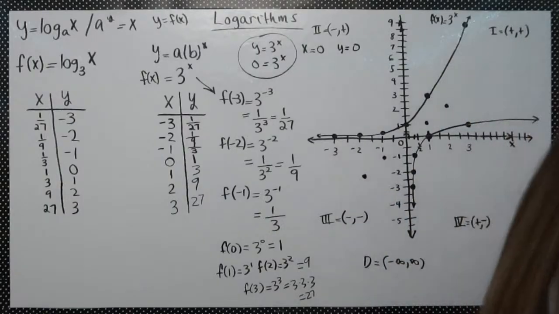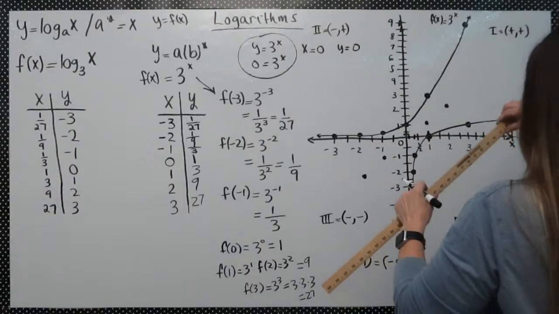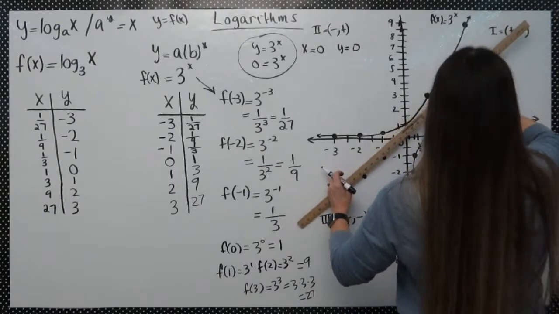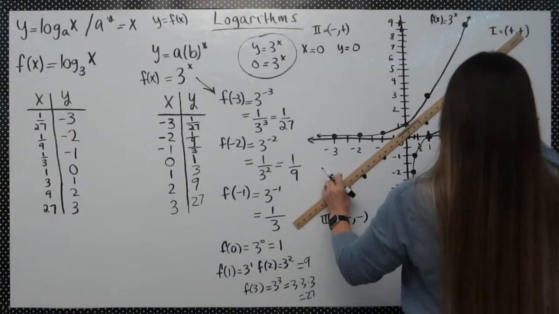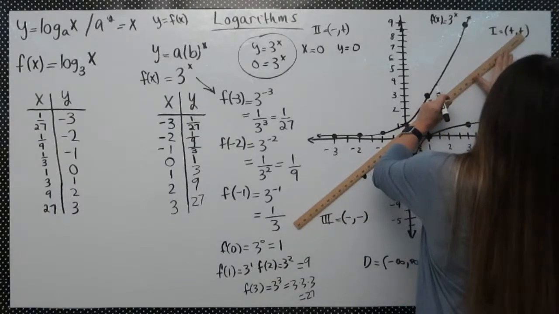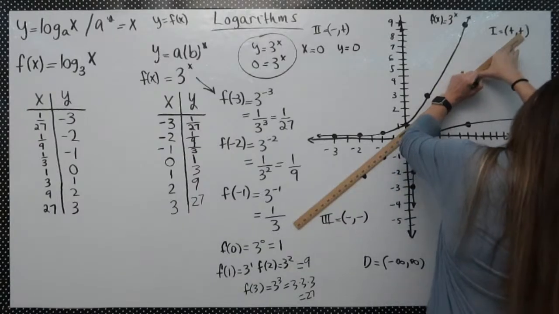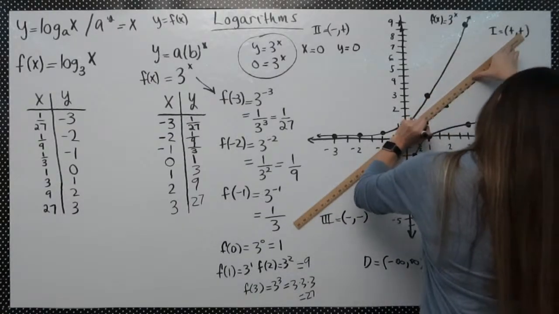see if I can get enough points and get my handy dandy around. Let's see if we can see that symmetry. And I feel like I cheated a little bit because that was really easy.